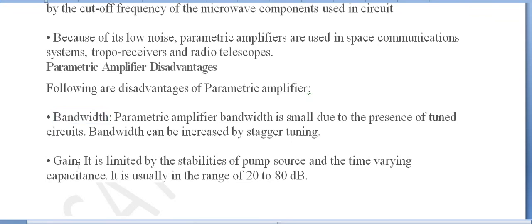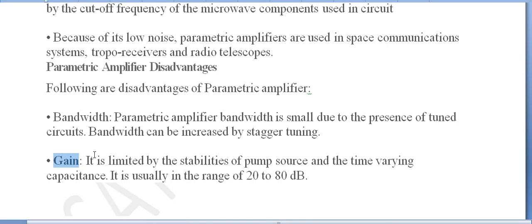Another disadvantage is with the gain. Gain is limited by the stability of the pump source and time varying capacitance. It is usually in the range of 20 to 80 dB for the parametric amplifier.